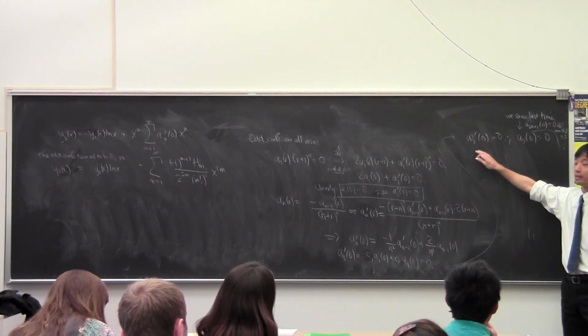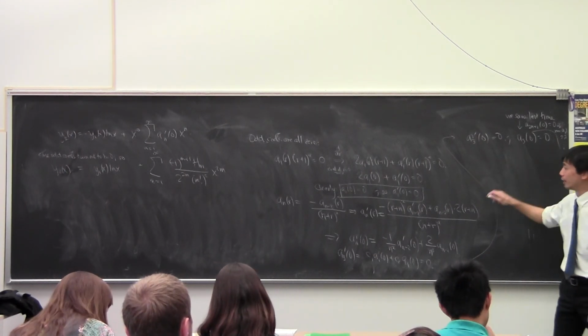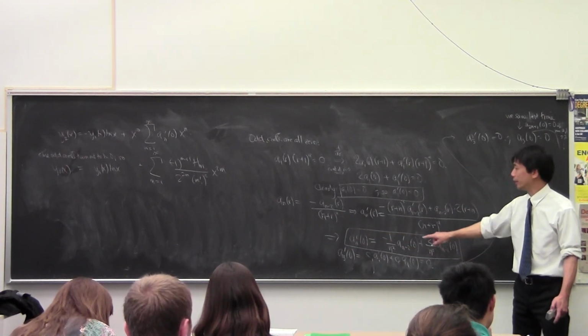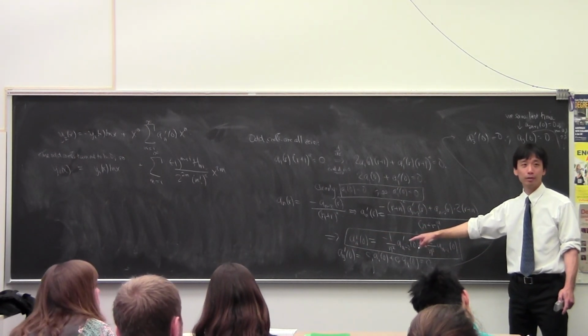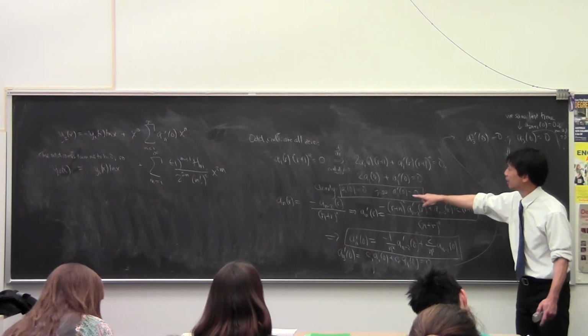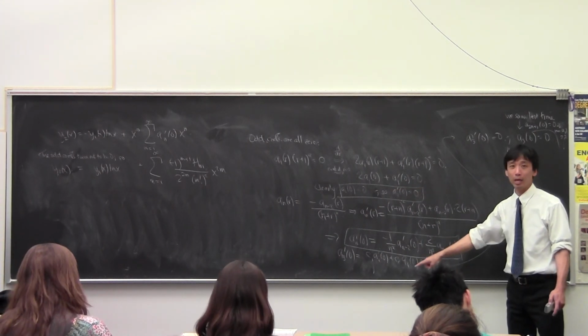And so we get a3 prime(0) is 0 and a3(0) is 0, and these two together give us a5 prime is 0, just like a1 prime and a1 being 0 gave us a3 prime.